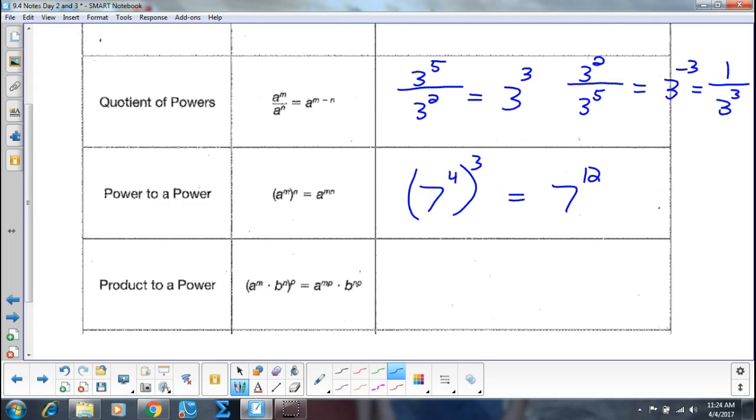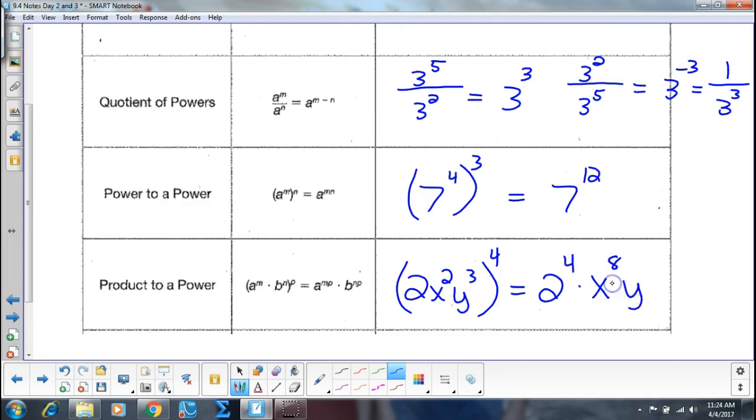Product to a power just says if I have 2x squared y cubed and I take that to the 4th power, what that's saying is that 4th power needs to go in to all of the parts.